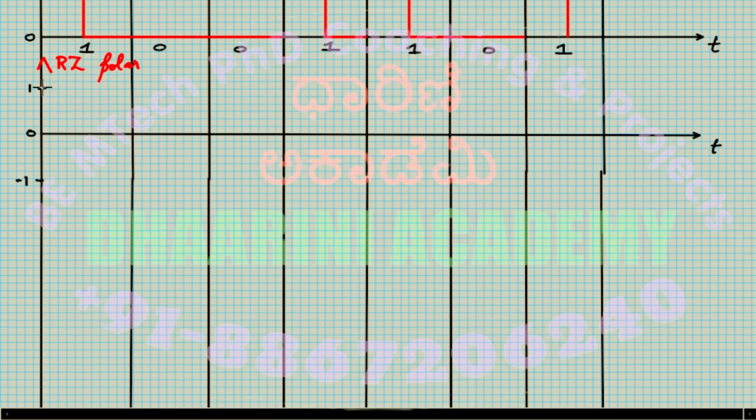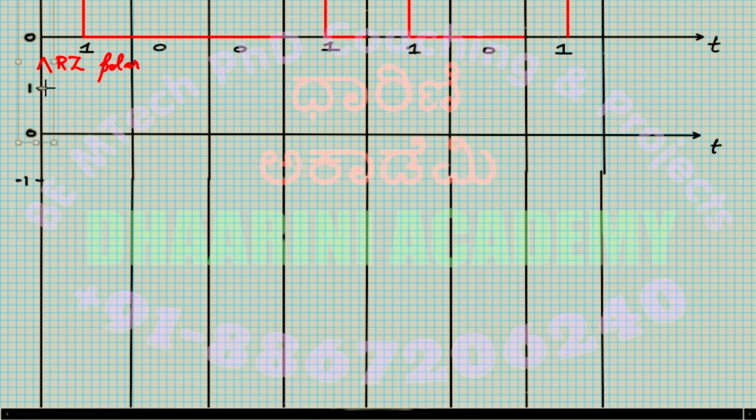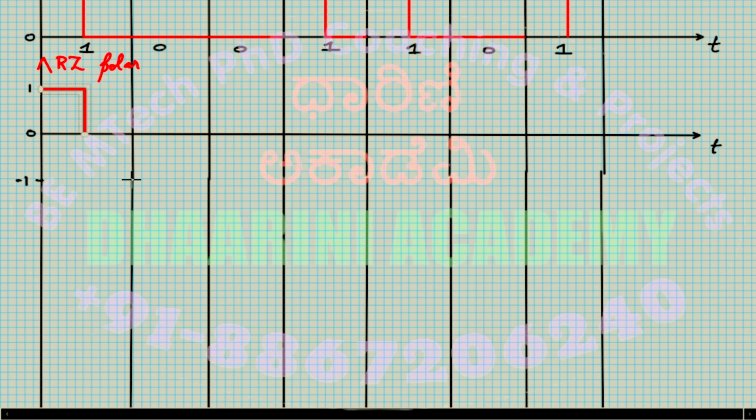So this is 1, so this has to start at plus 1. Okay, I'll change the color. Now it has to start at plus 1, go halfway through, and come down to 0. Right, but you see the next bit you are sending is 0, which means it has to start from minus 1, and halfway through it has to come back to 0.